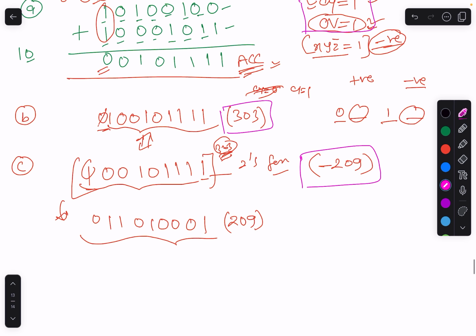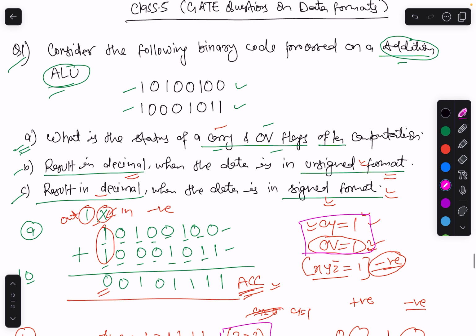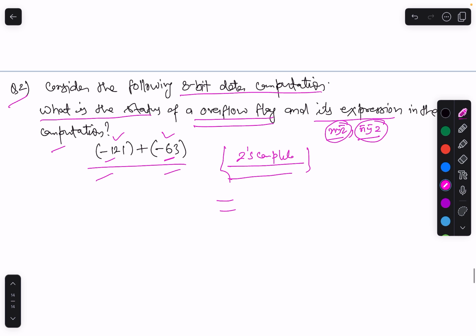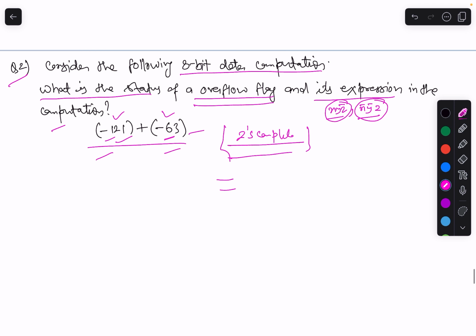We used this method in the first question because the numbers were already given in binary. That's why we added like this and then found the carry and the overflow. But here the numbers are given in decimal, so you would need to convert them to binary first, but we won't do that.